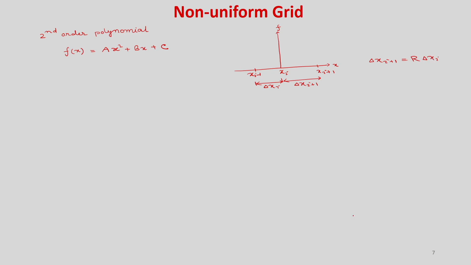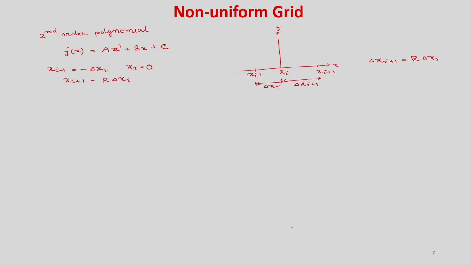So, you can see that at x equal to 0 you have x_i equal to 0 here, and this is your delta x_{i+1} and this is your minus delta x_i. So, x_{i-1} is minus delta x_i, x_i is equal to 0 and x_{i+1} is r into delta x_i.